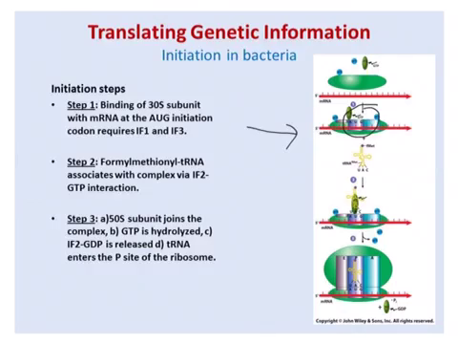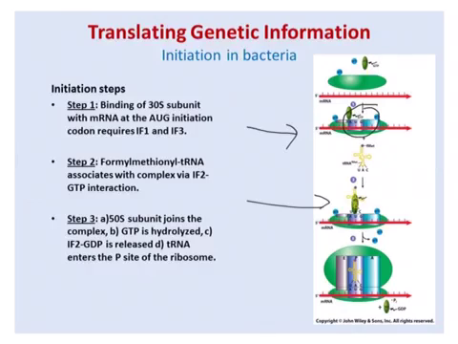Then you'll have the first initiator tRNA molecule, which is a formyl-methionyl tRNA. It will associate with the complex, and this involves a factor called IF2 that has bound GTP. So you'll get joining of that tRNA molecule to the small subunit and mRNA.